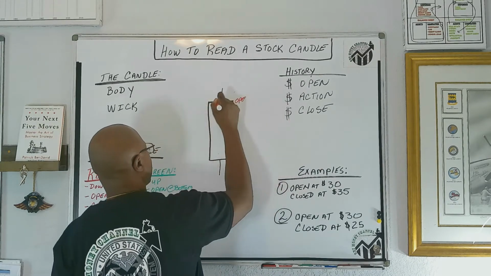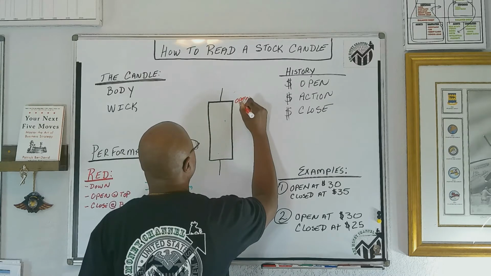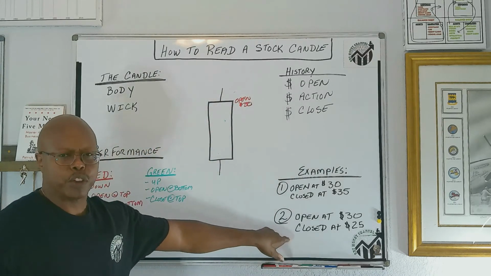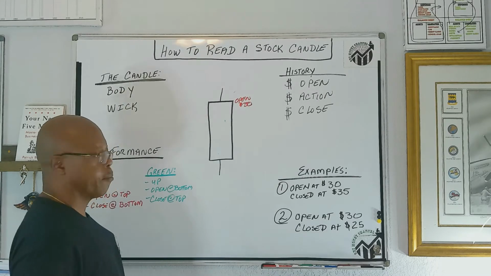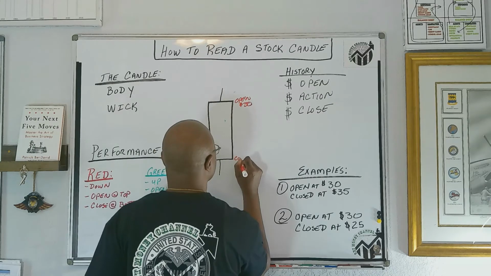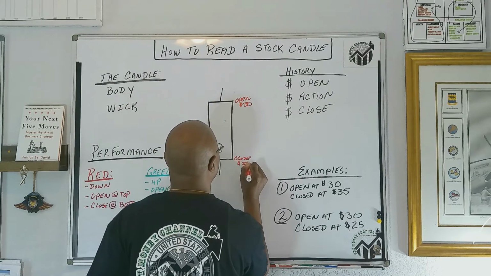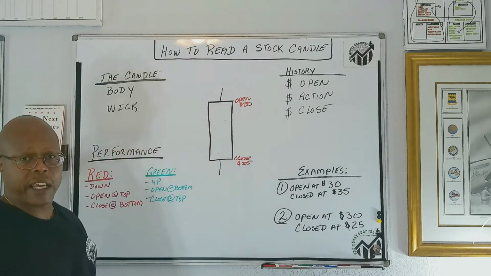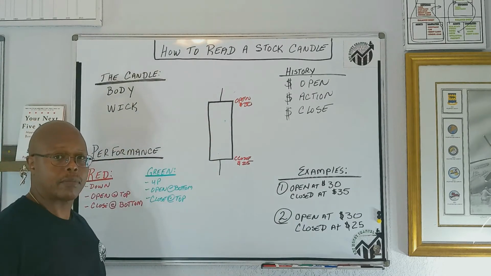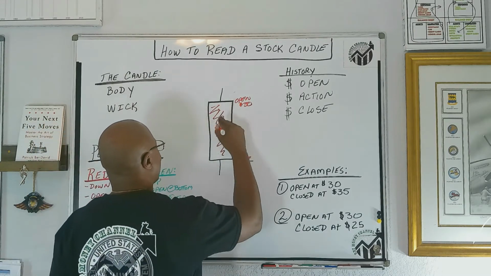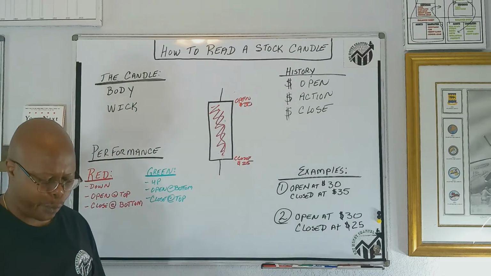This line here. And it closed at 25. Where would it be? You're right, the bottom. And what color would the body of the candlestick be? That's right. Since it was a down day, it's red.